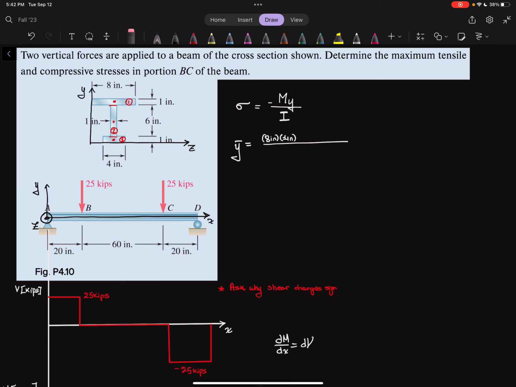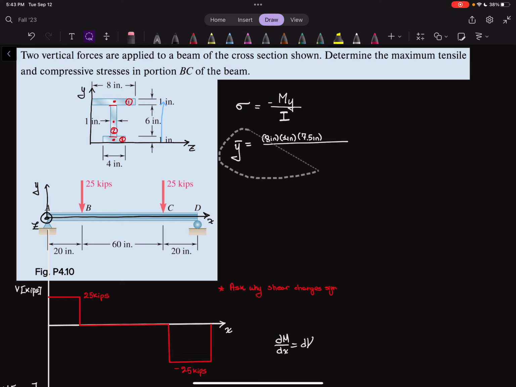It's going to be this distance, essentially. The center is going to be halfway up the height of 1, so it's going to be 7 plus 0.5, which is 7.5 inches.